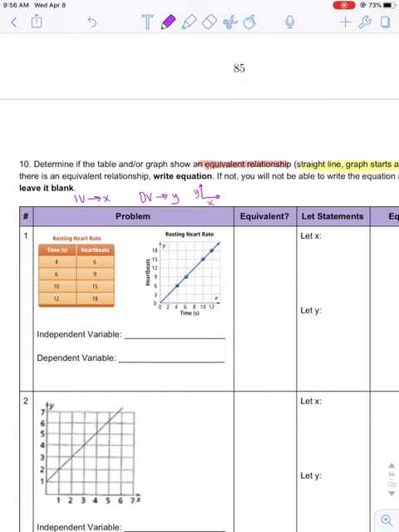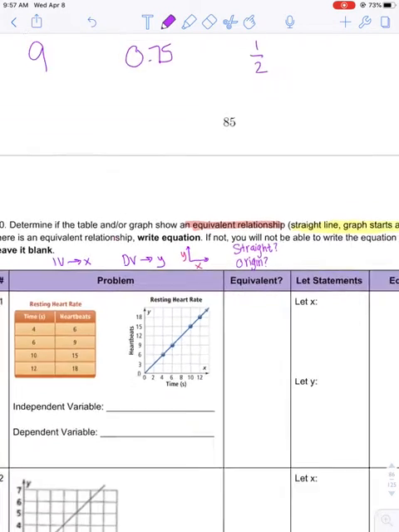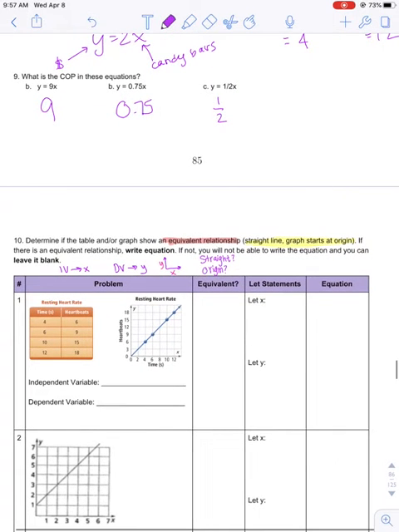Equivalent, this is where you're going to check the two things. You're going to check, is it a straight line? Does it start at the origin? And you're going to say yes or no. For the let statement, you're going to define your variables based on which is the independent variable and which is the dependent variable.